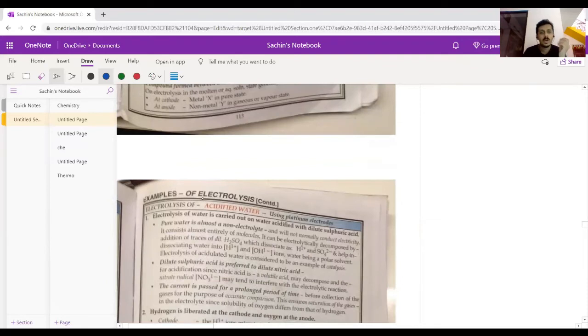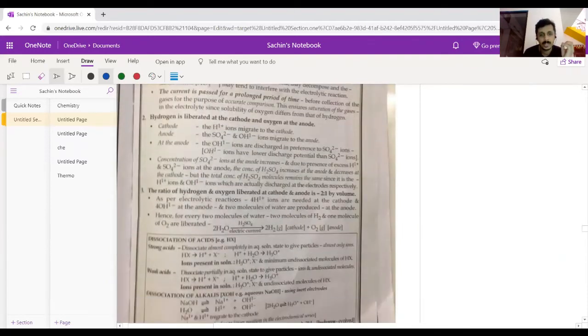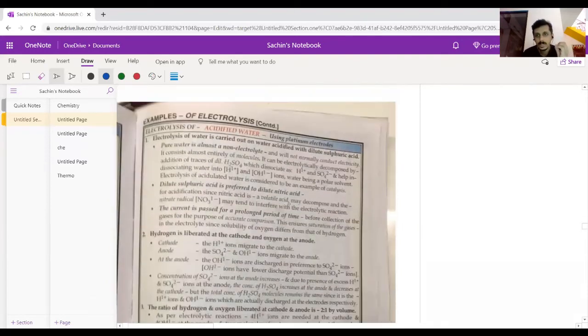Let's take the example of acidified water. What is acidified water? We know water, H2O. H2O can dissociate into H plus and OH minus. This one you know, right? But pure water is not a conductor of electricity. Why?